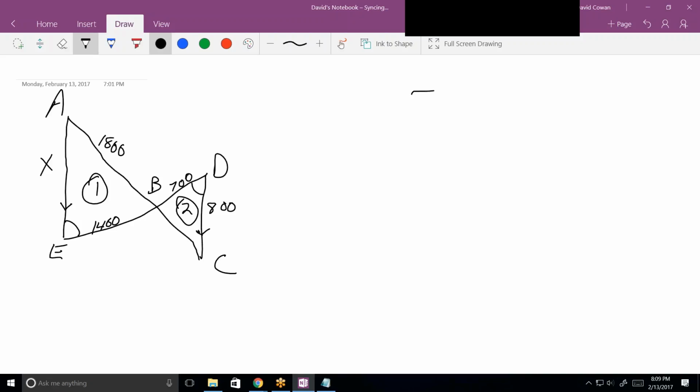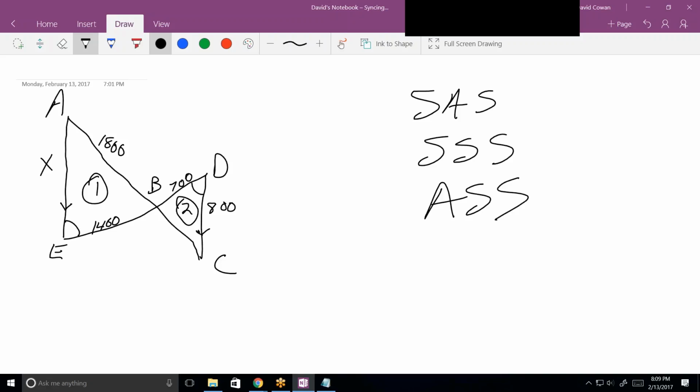Congruency had SAS, it had SSS, it had ASS, it had hypotenuse length. None of those matter for similarity. The only thing that matters is angle, angle. Because if you get two angles equal, then the third one has to be equal, right? They all have to add to 180.